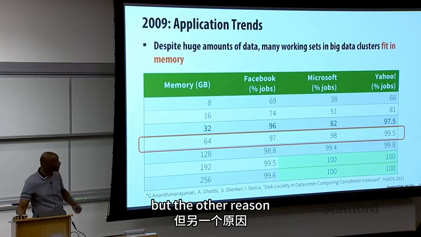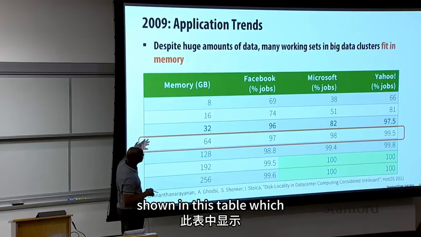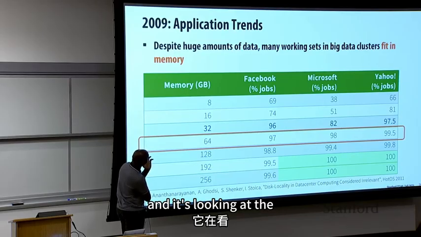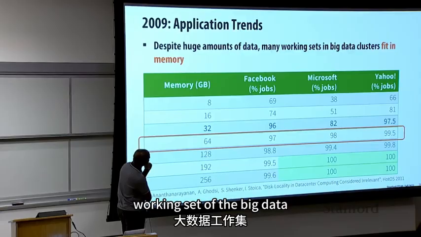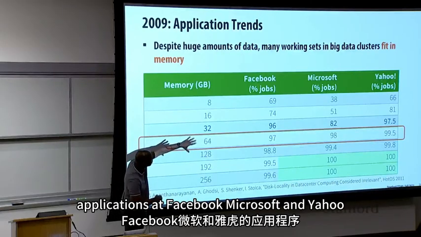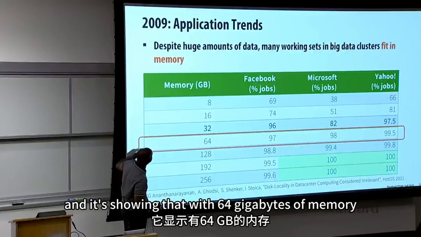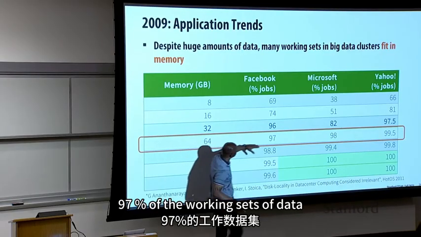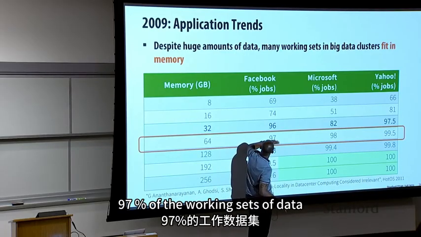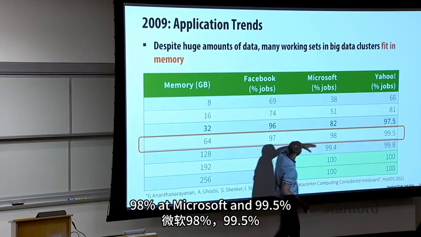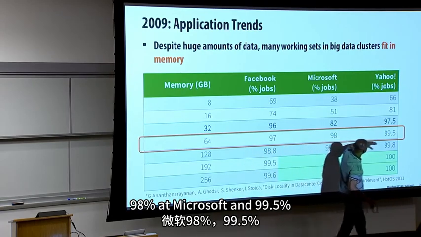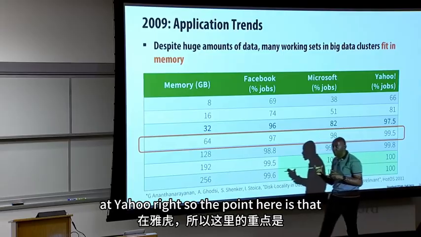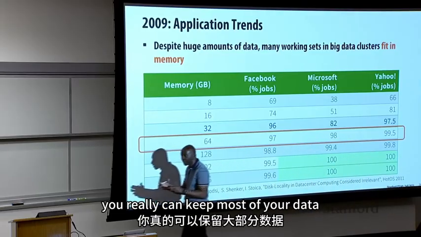But the other reason is shown in this table, which is data from 2009, looking at the working set of the big data applications at Facebook, Microsoft, and Yahoo. It shows that with 64 gigabytes of memory, 97% of the working sets of data at Facebook can be contained in the memory, 98% at Microsoft, and 99.5% at Yahoo. So the point here is that you really can keep most of your data in the memory.